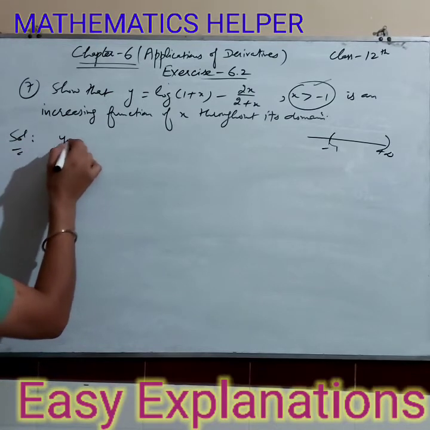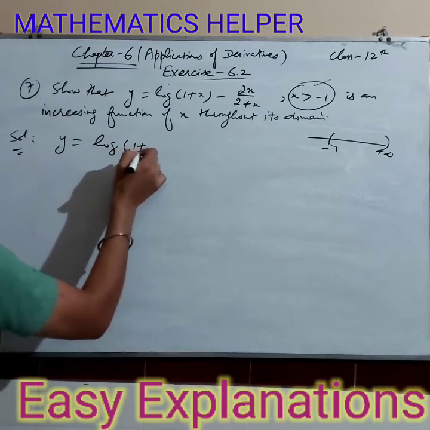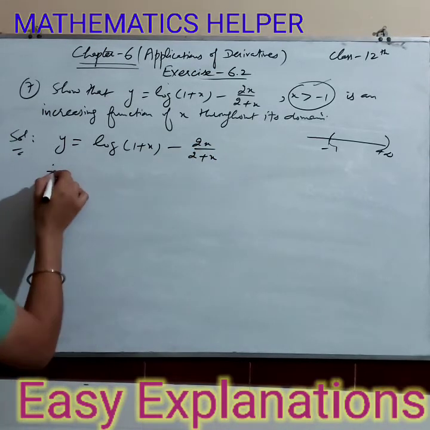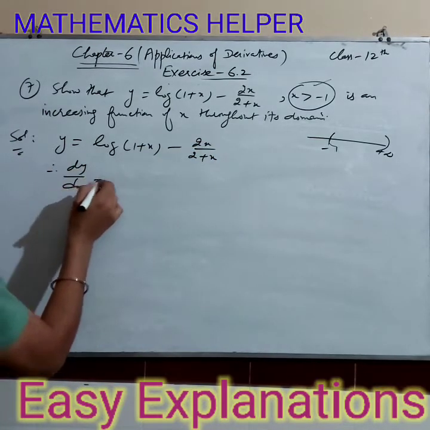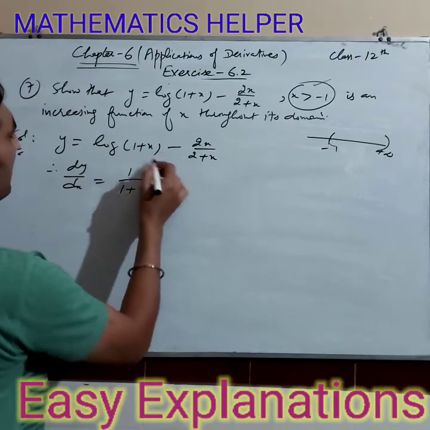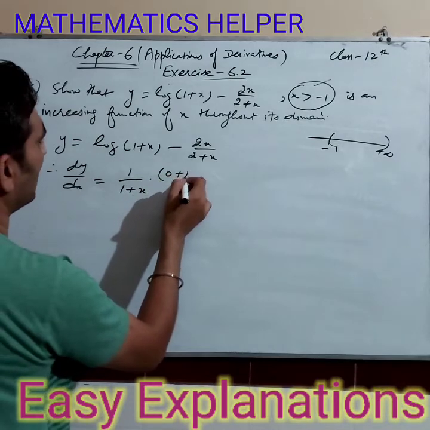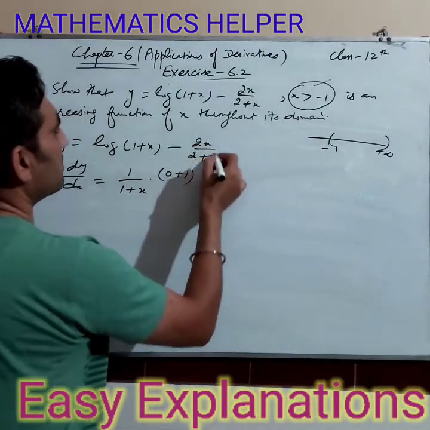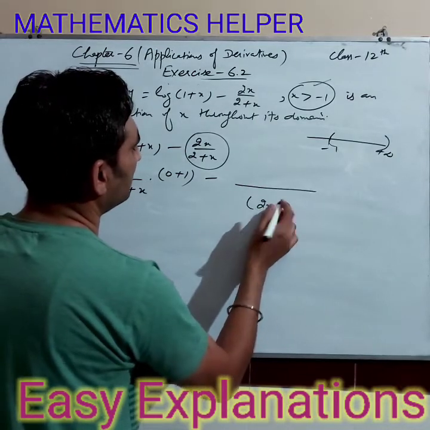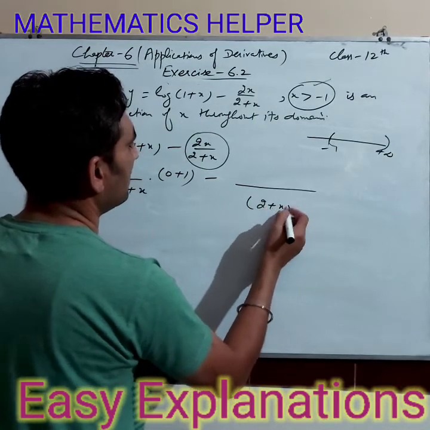Right, y equal to log(1 plus x) minus 2x over (2 plus x). Now derivative dy over dx. Log(1 plus x), its derivative is 1 over 1 plus x into the derivative of 1 plus x, which is 0 plus 1. Then its derivative we can take with the help of the quotient rule. Square of the denominator, so it is (2 plus x) squared.